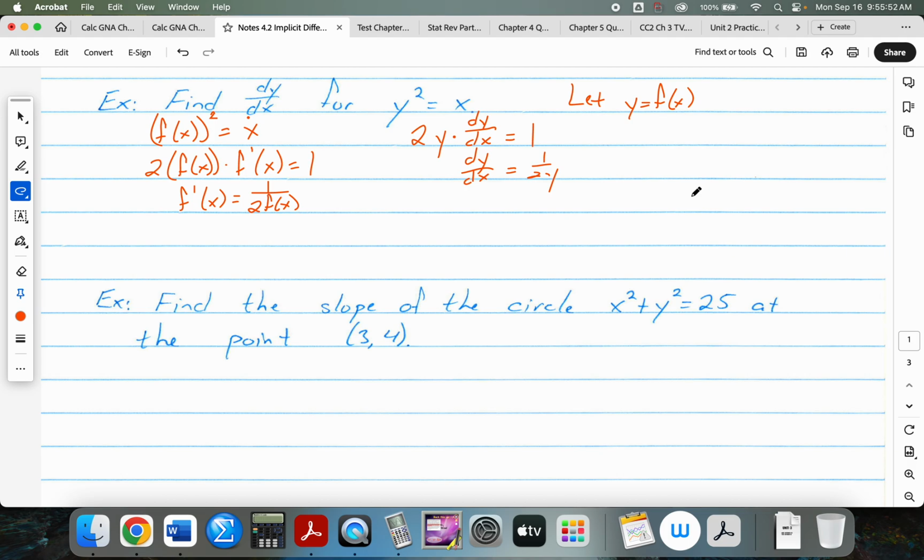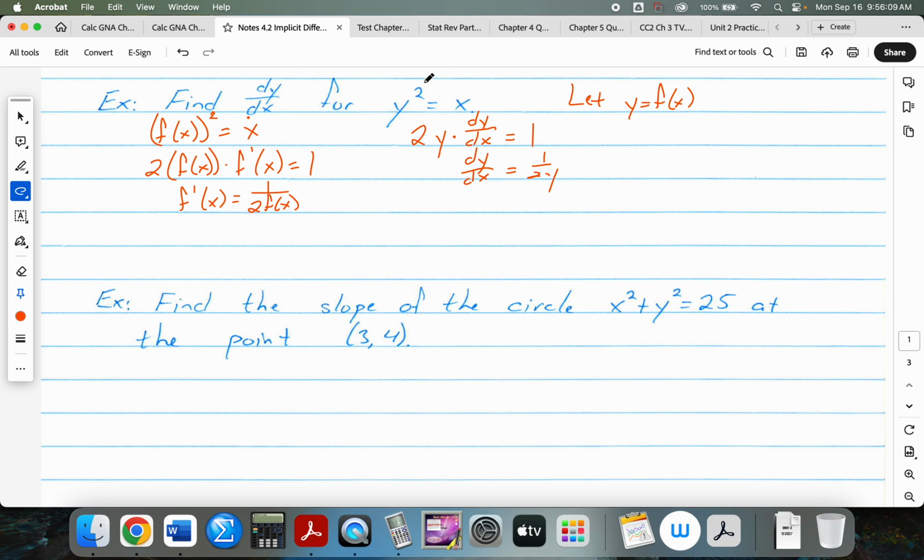Does that make sense? Jake, you're giving it the side eye there. So we're treating y like it is an unknown function of x. So we've got a function raised to the second power.